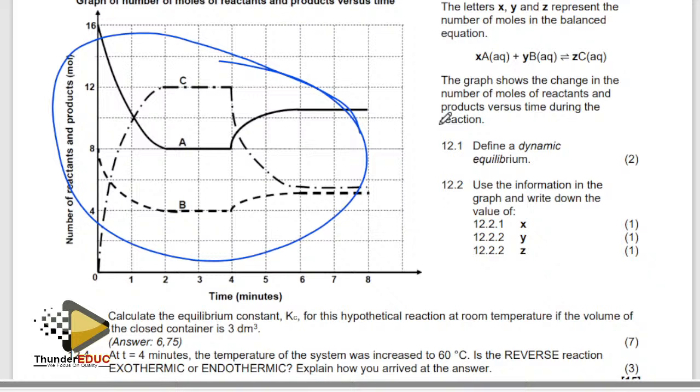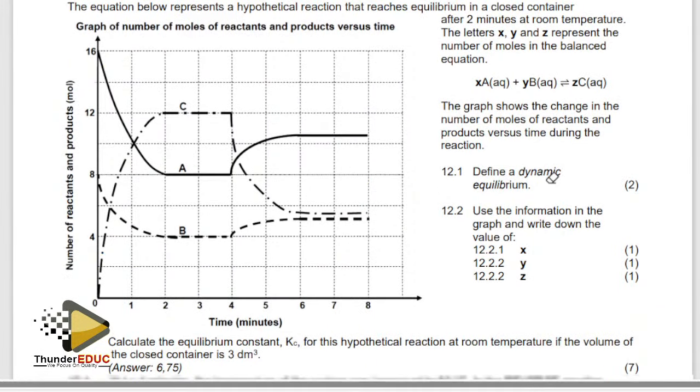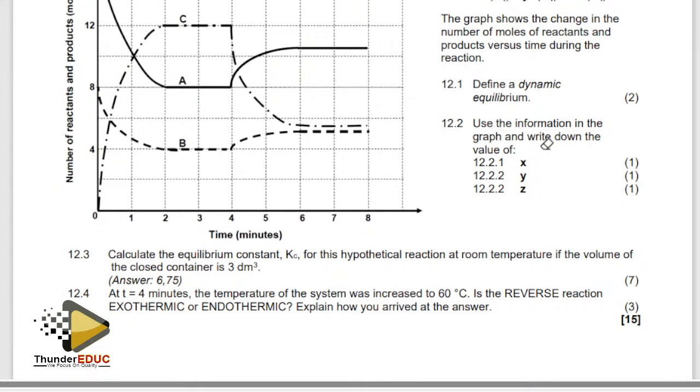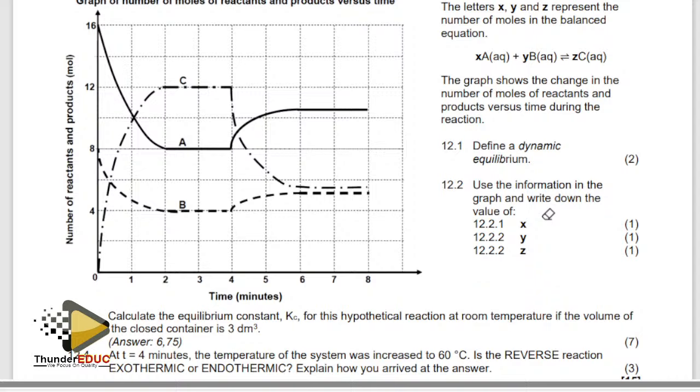They bring the graph and then they ask you to identify from the graph. You understand? They give you this and then ask you to identify from the graph. So what do we do? If the question comes like this, what is dynamic chemical equilibrium? Use the information, the graph, write down x, y, and z.